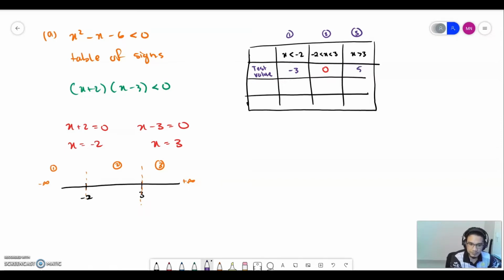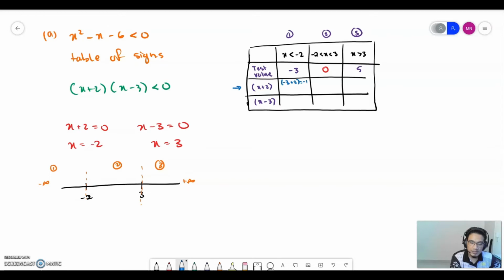Then under the test value, we put our first root, that is x + 2. Then we put our second root, x - 3. Now we have our test value and we have our roots. Now let's substitute -3 into the roots. For the first root, x + 2, we will have -3 + 2, which gives you -1.